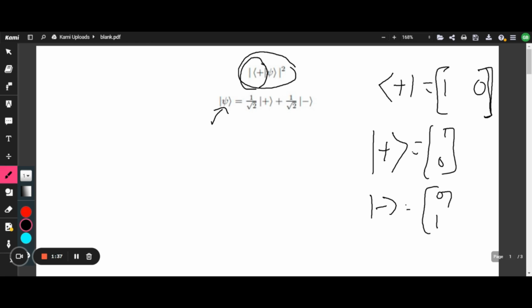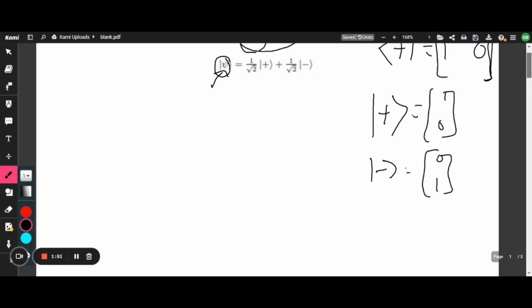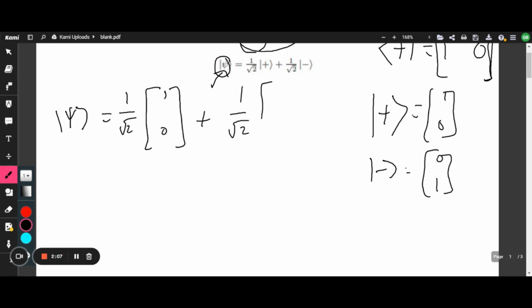By substituting the matrices that these ket vectors symbolize, we can convert this particle function into a matrix. By just doing simple multiplication, we get 1 over square root 2 times the spin up ket vector, 1, 0, plus 1 over square root 2 times the spin down ket vector, 0, 1.